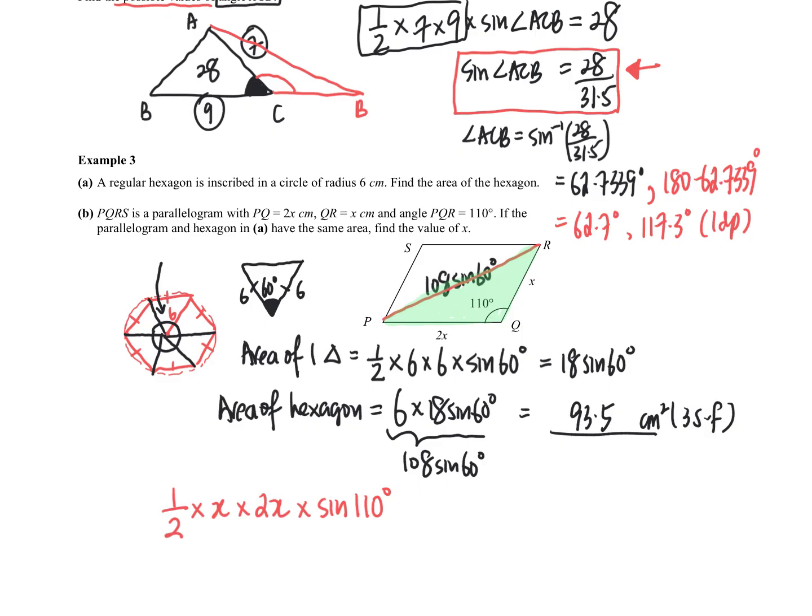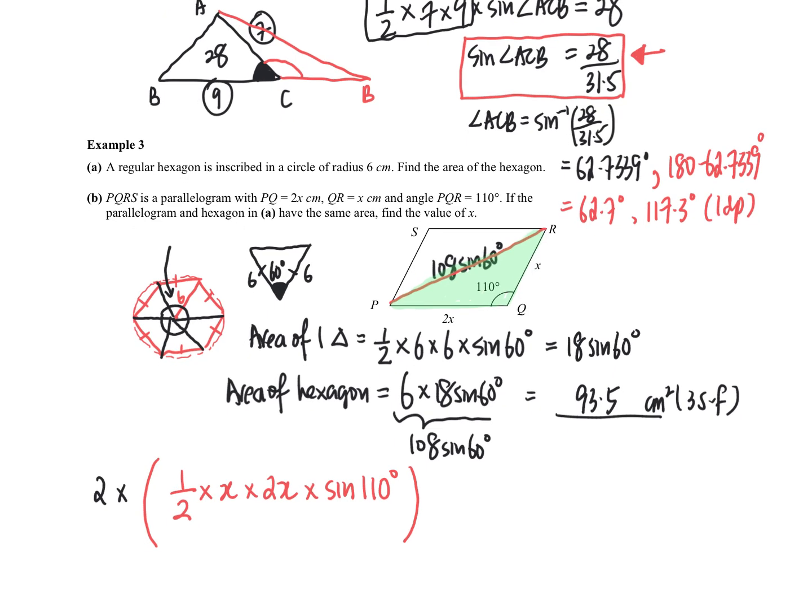If I want the whole parallelogram, what? Times 2. So this one here is that triangle you see. If you times 2, then you get the whole thing, and you know that this will give you your same area.